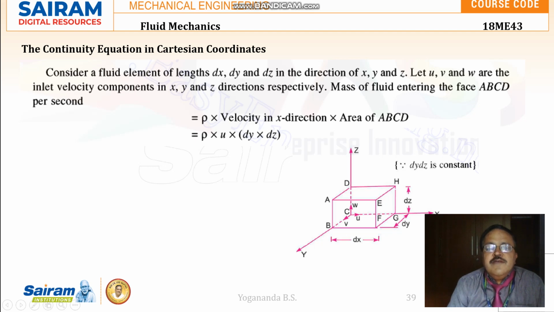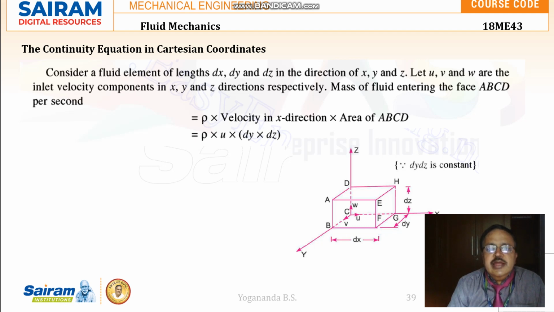Now, the mass of the fluid entering the face ABCD per second. The flow rate is given as the product of density into discharge, so rho into A into V, where A is the area of this face ABCD through which the fluid enters this fluid element.